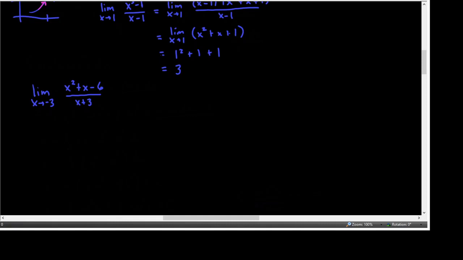So if we substituted negative 3 in, we would get 9 plus negative 3 is 6, minus 6 is 0. And then negative 3 plus 3 is 0. 0 over 0. That's actually called an indeterminate form. We'll come back to that idea at another time.